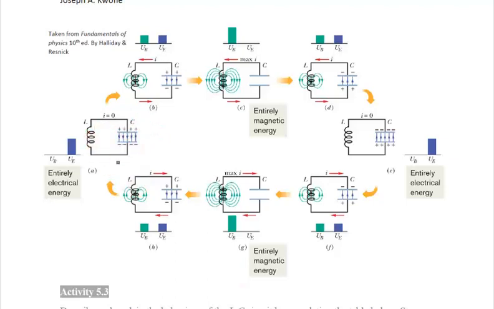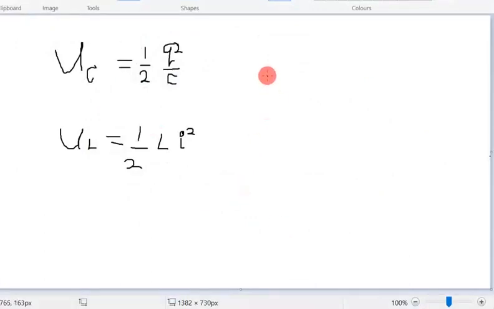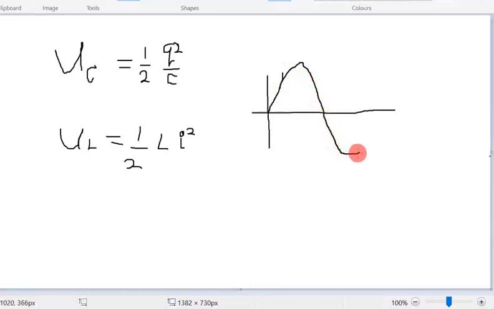So it can be expressed this way. All these stages, this one will be stage A, somewhere here will be stage B, stage C, D, then F, in that order.